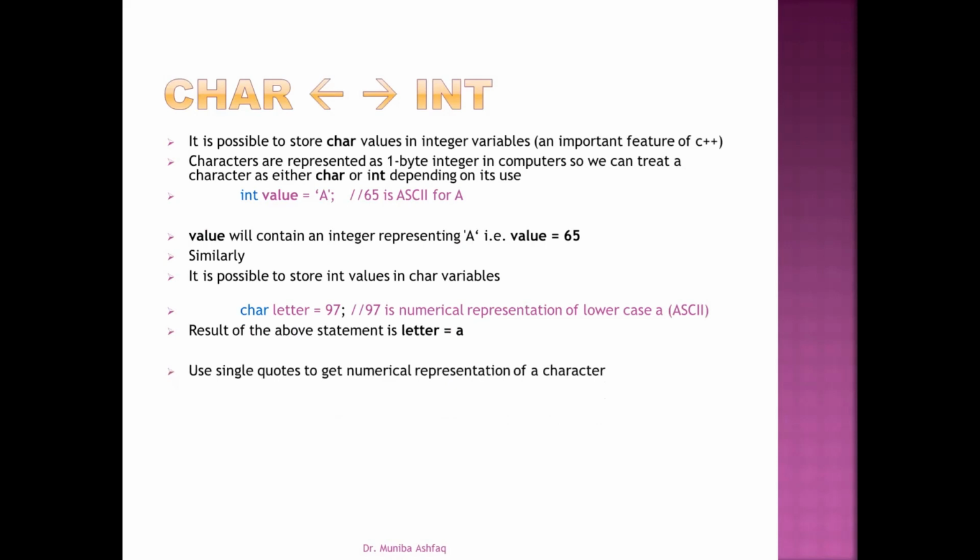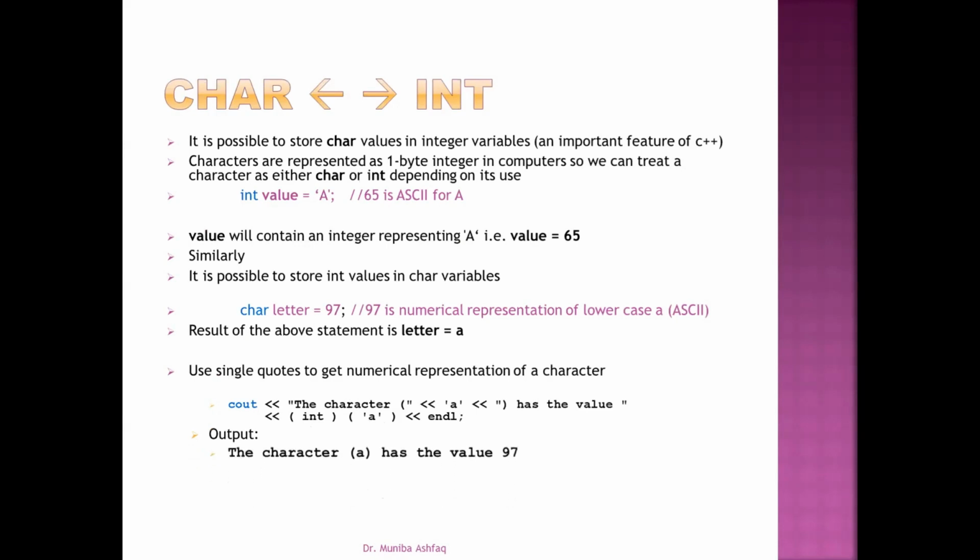Use single quotes to get the numerical representation of a character. So just see this other important statement. If you want to find the value of a character, how can you find that? Just write within the parentheses the A within single quotes, and the output is: the character A has the value 97.